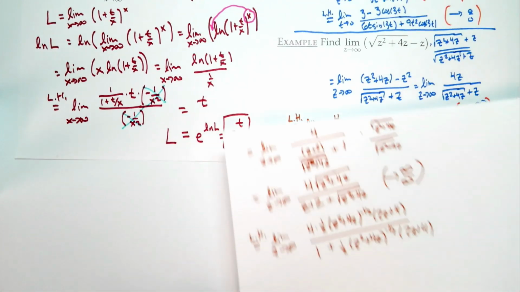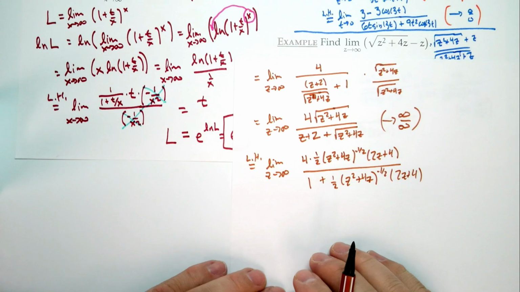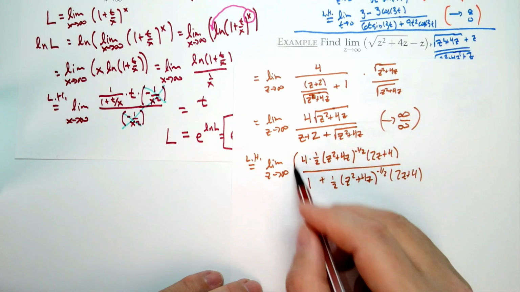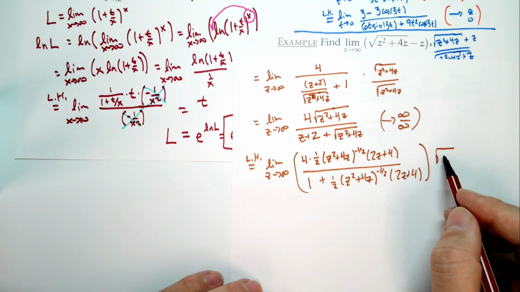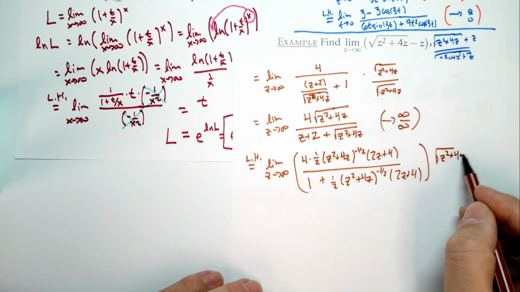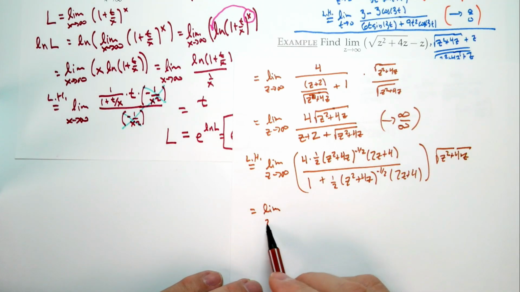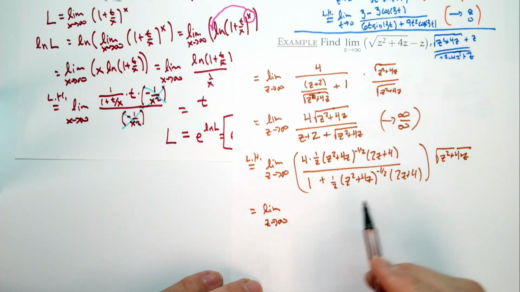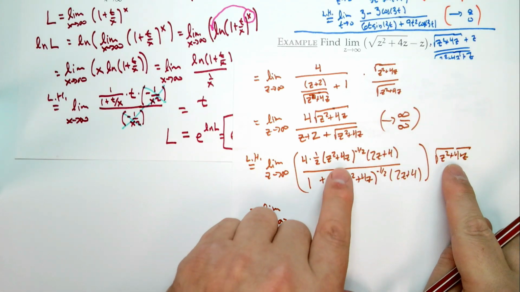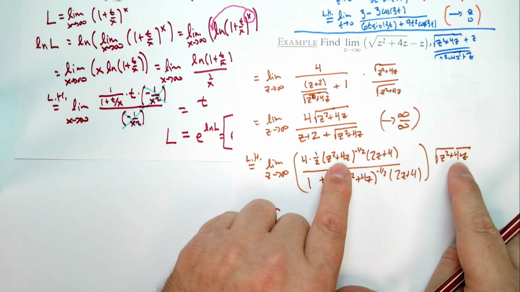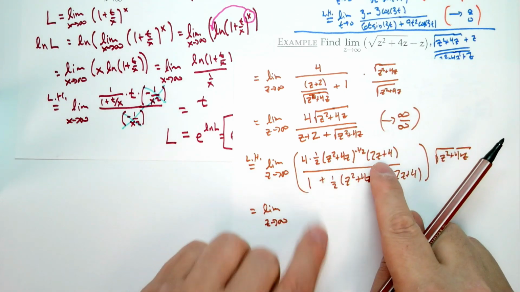All right, well, what can we do? Well, we're going to multiply top and bottom by the square root of z squared plus 4z. Get rid of our fraction, right? Limit as z goes to infinity. Now upstairs, this square root and that square root are going to cancel because this is to the plus 1/2, that's to the minus a half. This is a half times 2.